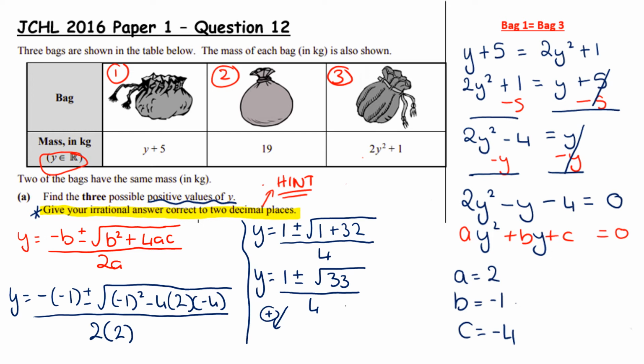Let's get our two answers, one with plus, one with minus. And we want it again, remember, correct to 2 decimal places. So it's press the fraction button, 1. We'll do plus first, square root of 33 over 4. When we do this correct to 2 decimal places, we get 1.686, which goes to 1.69.